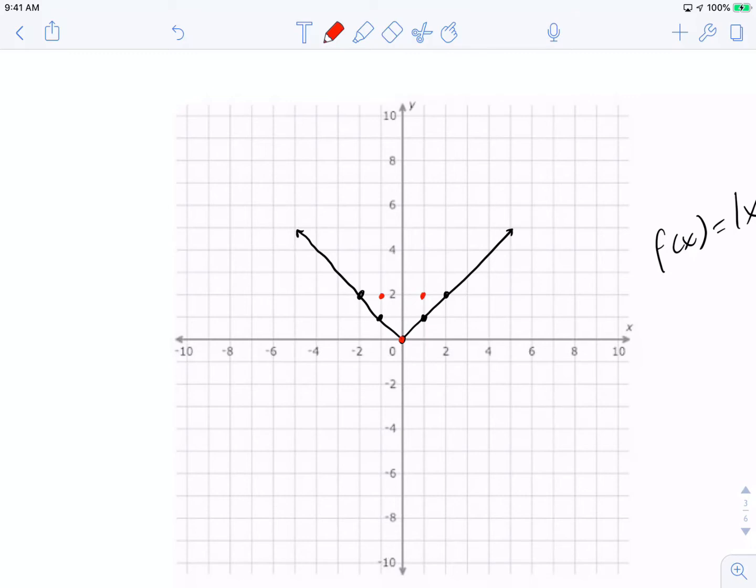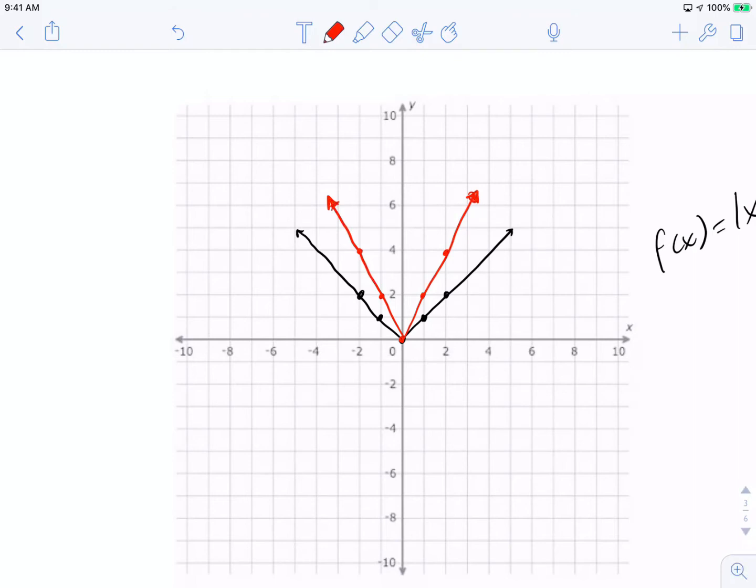Then 2 times 2 is going to be 4. So this is going to end up looking like this, and this is a stretch, making it steeper.